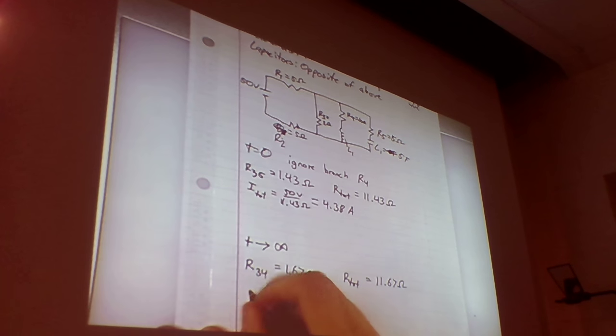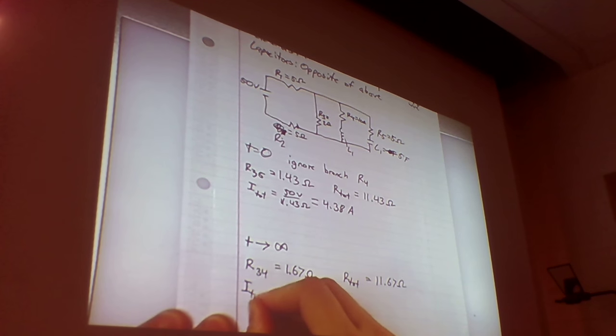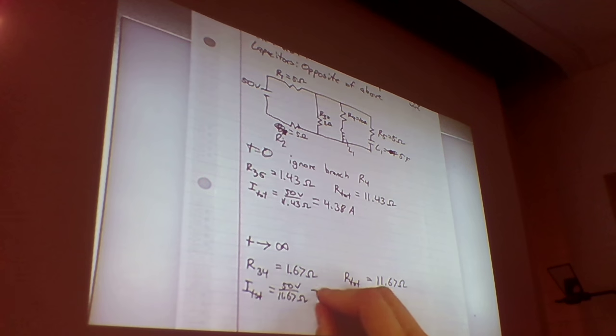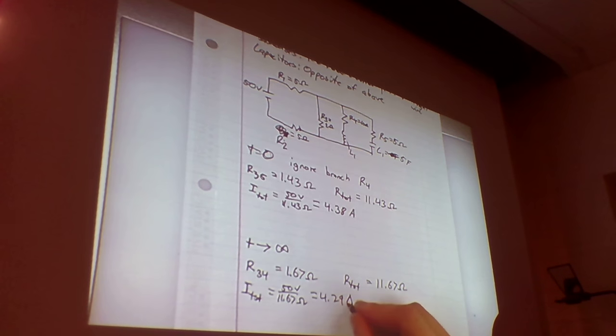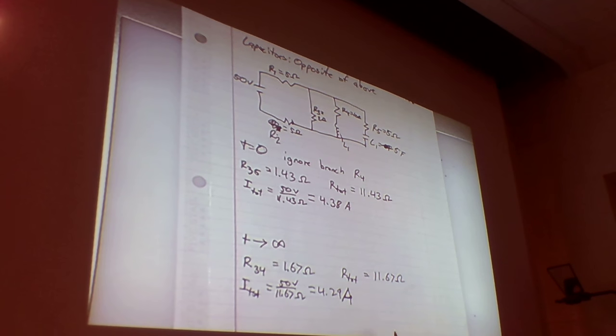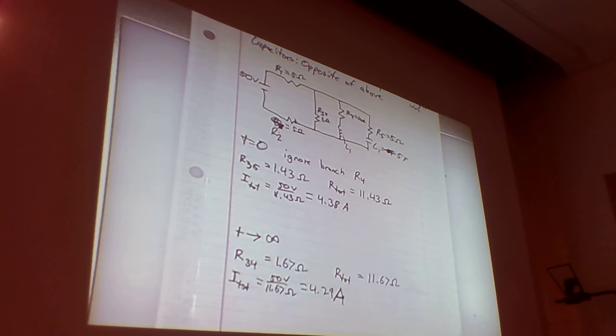So I total equals 50 volts divided by 11.67, which is 4.29. Wow, this is going to be the most infinitesimally small difference ever. Should be a difference, and that is not a delta. Okay, so that's the easy part.